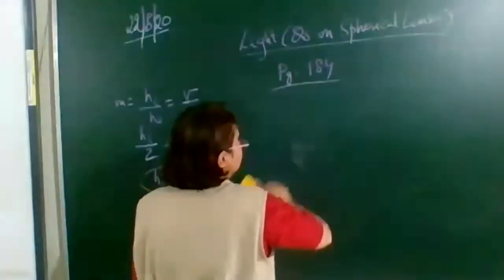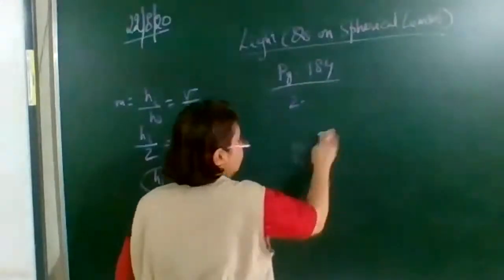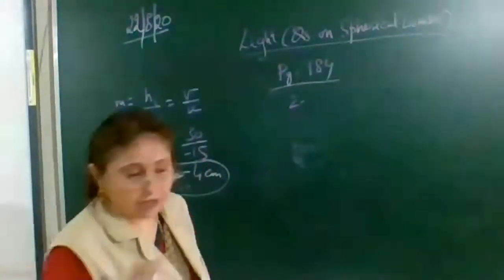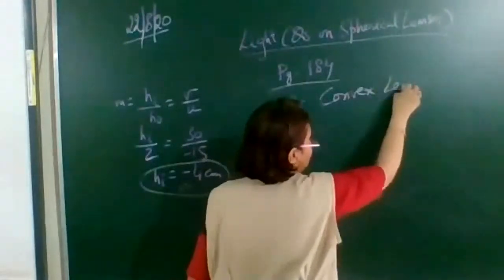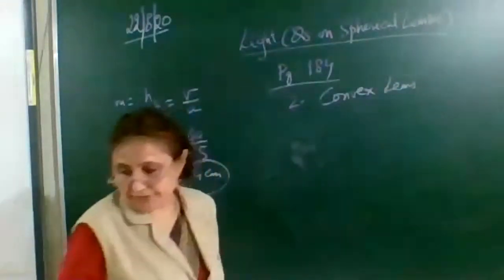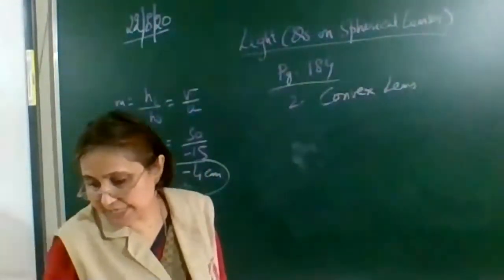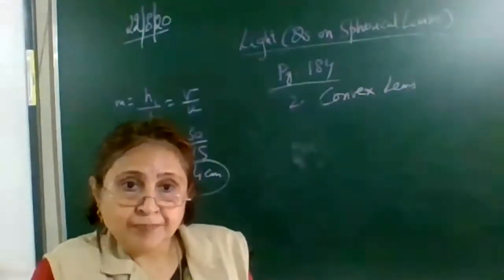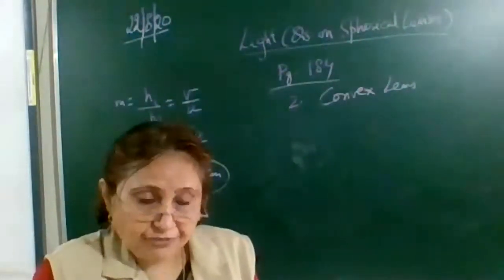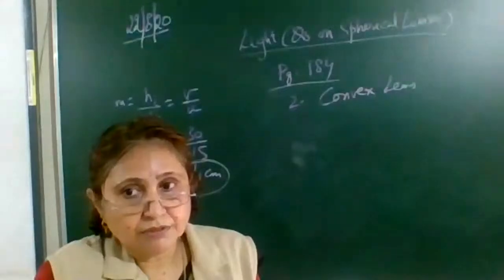The second question is: a convex lens forms a real and inverted image. First we'll write this, which is very important so that you know all the sign conventions. What does it mean? Magnification will be negative.